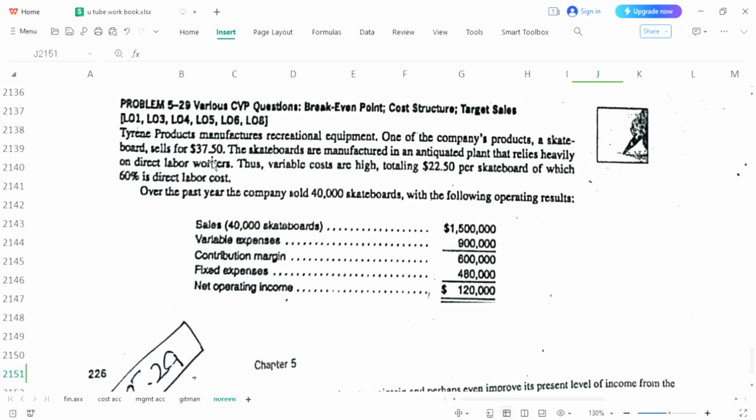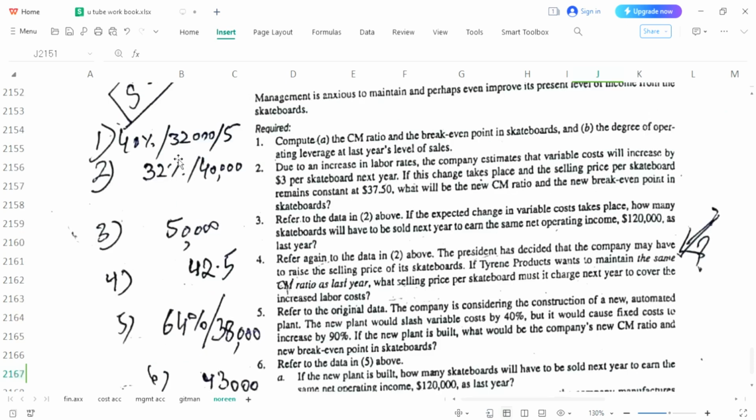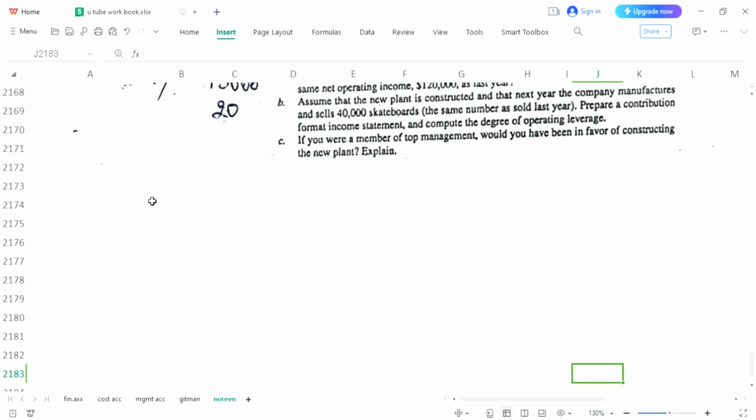Alright, now here, after the introduction we have 37.5 as sale price. So to save our time, we will note it down first per unit.